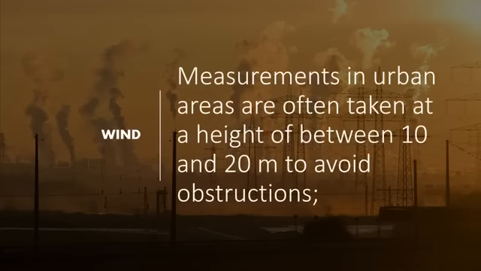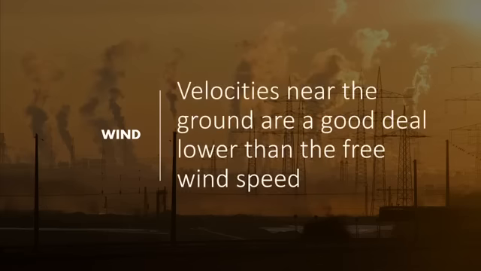The only difference is that in urban areas you measure it at about 10 to 20 meters from the ground to avoid obstructions. But the velocities near the ground are a good deal lower than on higher elevations. Basically, as you go up, the velocities become higher than those on the ground.